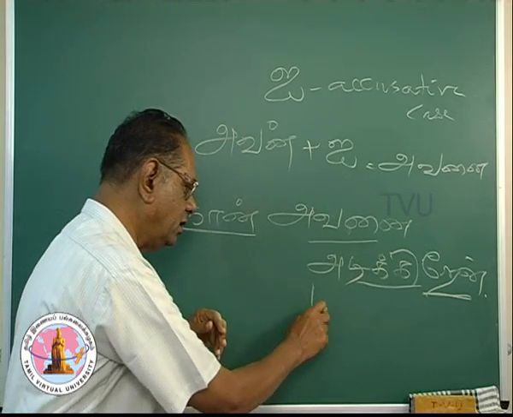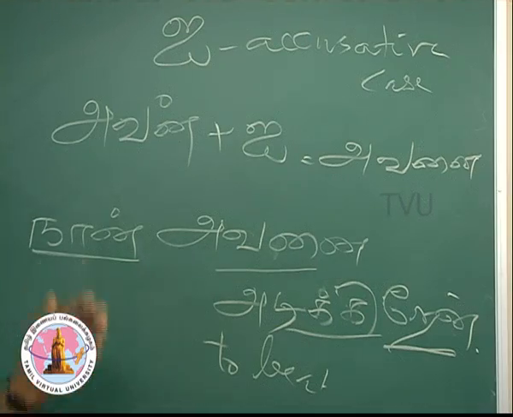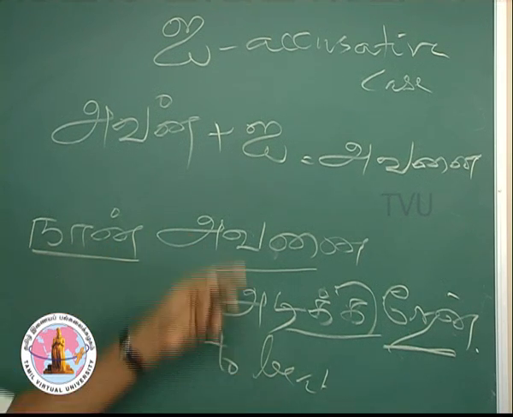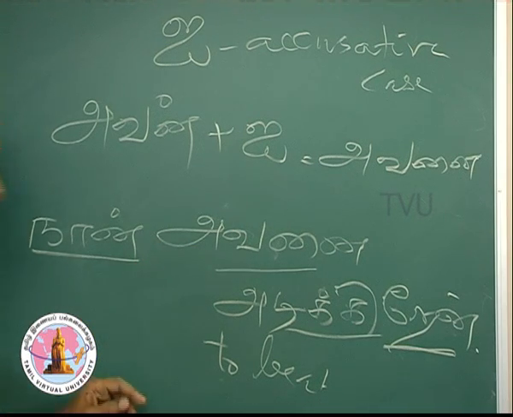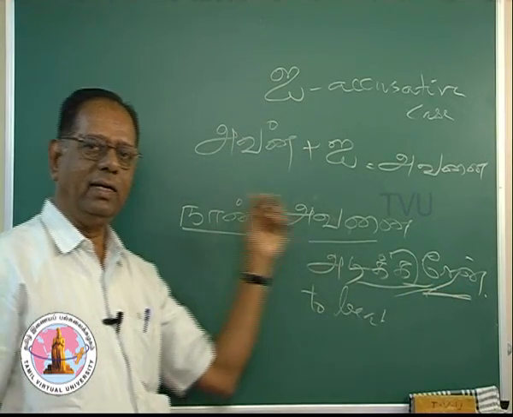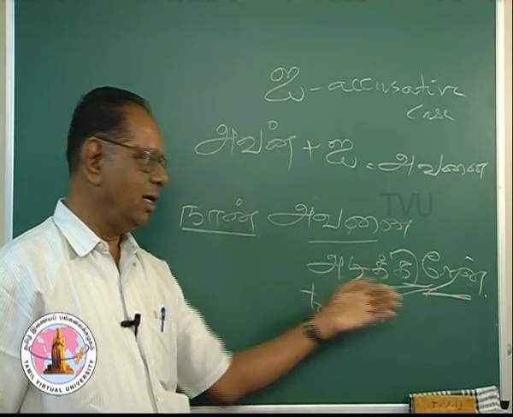Adi is to beat. Naan avanai adikireen, I beat him. This is in the present tense because of the kiru. Adi is the root meaning to beat. Een, personal marker indicating first person singular. Kiru is the present tense marker.